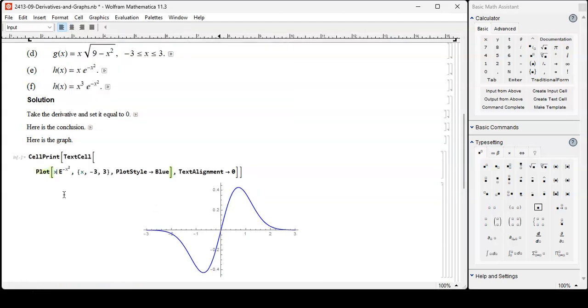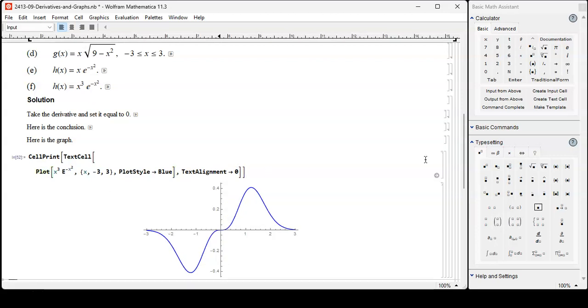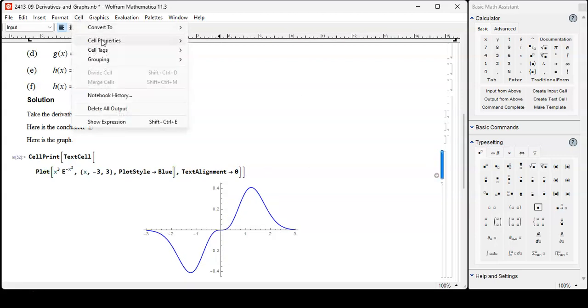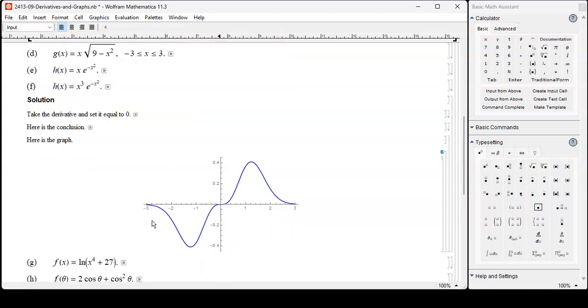So this is x to the third power times the exponential. So here's the graph. So we have a horizontal asymptote, and then a local minimum, a local maximum. Here, neither maximum nor minimum.